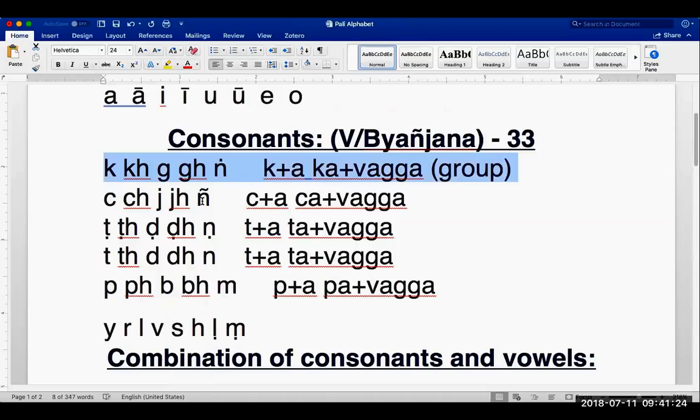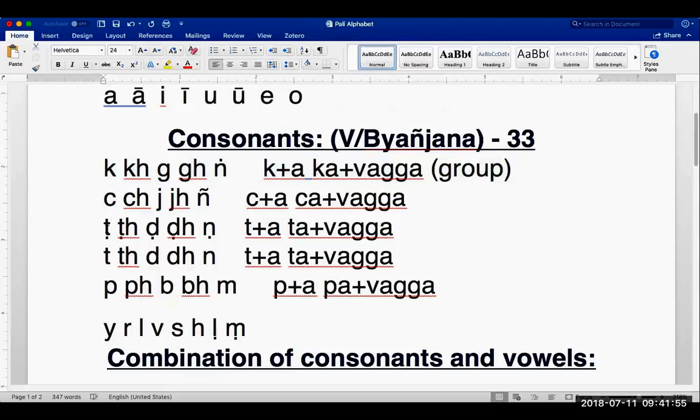As we mentioned before, a, ka, k, ga, g, ng, and h belong to one place. Similarly, i, cha, ch, ja, j, ny, and this one y belong to one place. They are called talaja.